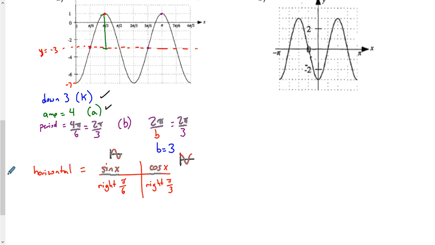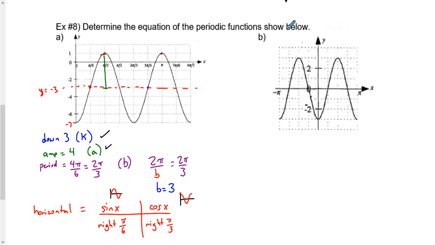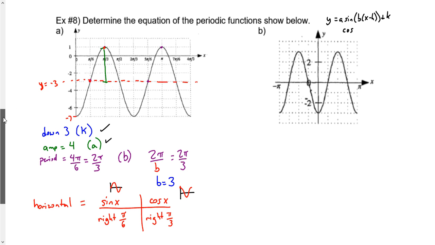When we put it into the equations, because our normal equations are going to be y equals a sine of b x subtract h plus k, or using our cosine, what we're going to do is we're going to use both equations.